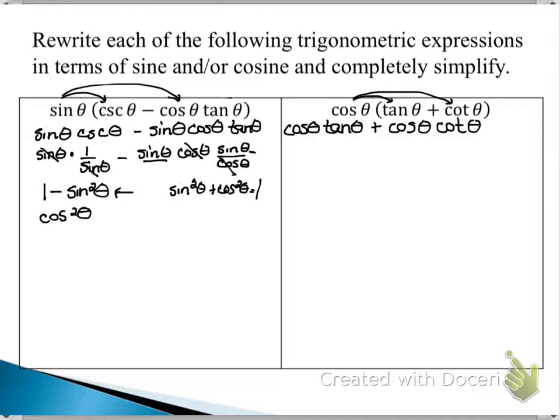I'm going to go ahead and get this only in terms of cosine and sine. So we have cosine theta, and then our tangent is going to be sine theta over cosine theta, plus cosine theta, and then my cotangent is going to be cosine theta over sine theta.